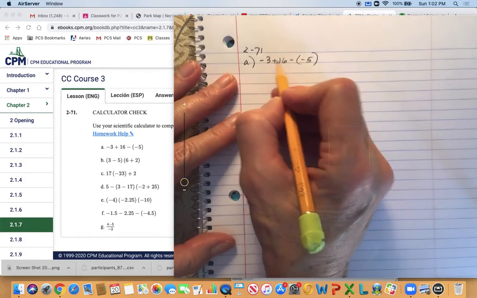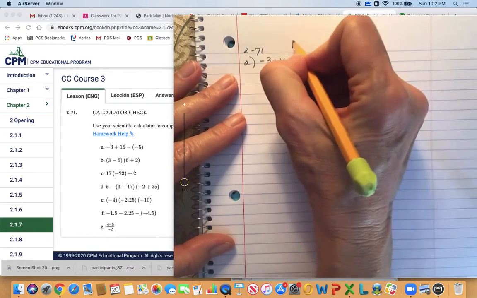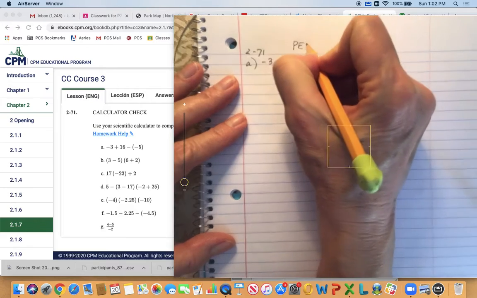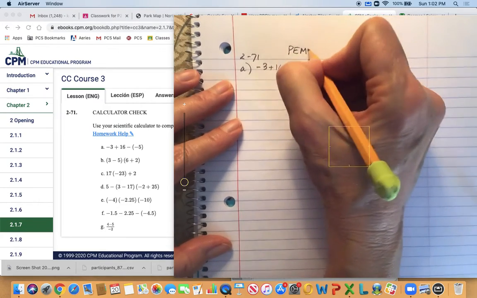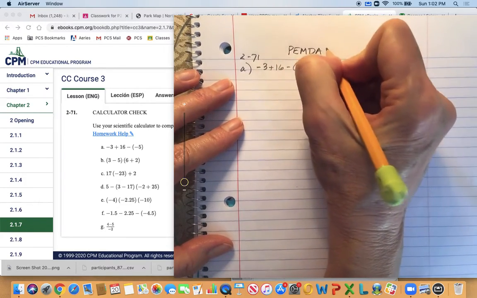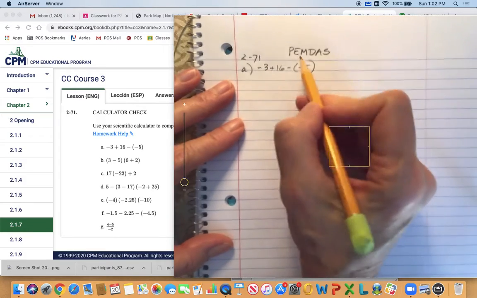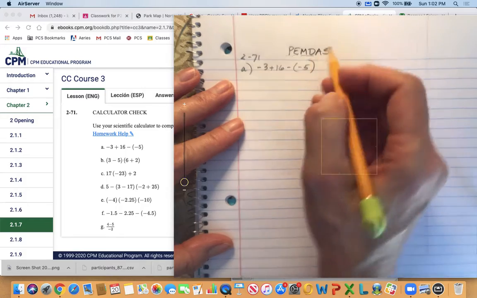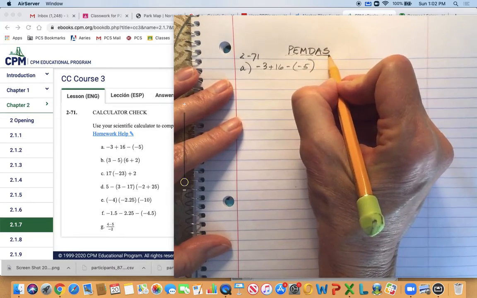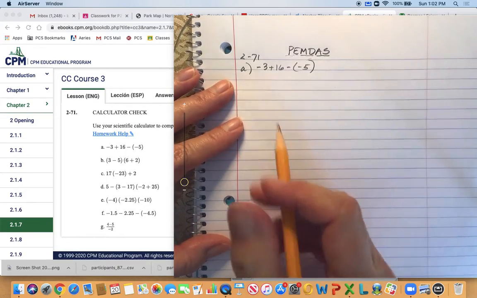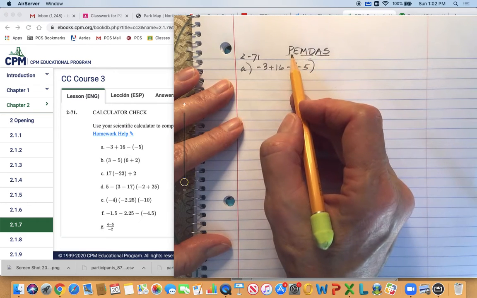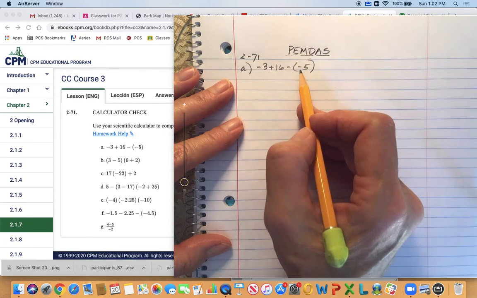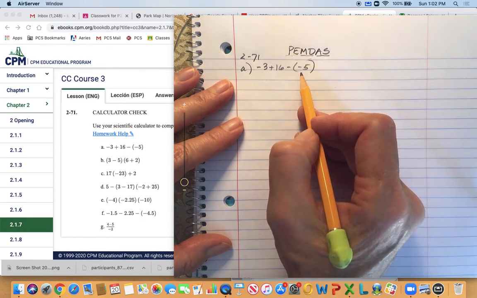Remember with PEMDAS, or order of operations, as it is more properly called, you start out with parentheses, then go to exponents, then multiplication and division, and then addition and subtraction. Because of this, we're going to get rid of the parentheses first.